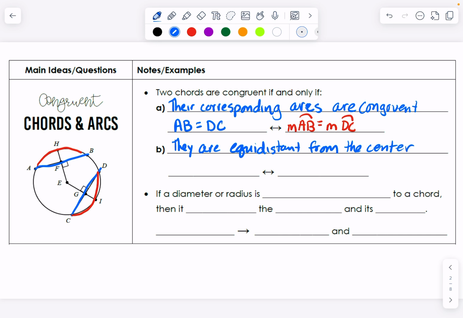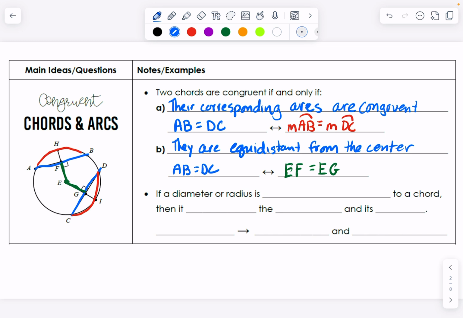They're the same distance from the center. So AB is equal to DC if they're the same distance from the center, meaning this segment from my center, EF, is equal to EG. So that's one piece of today's lesson.